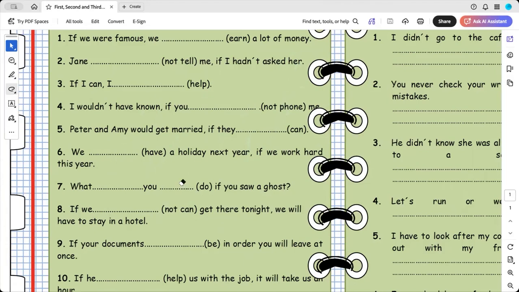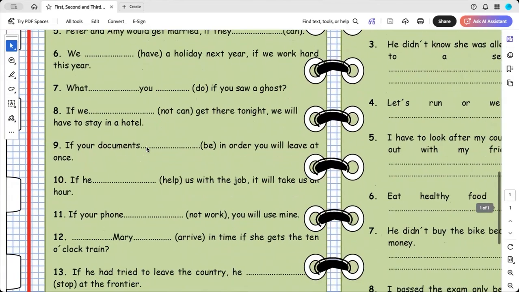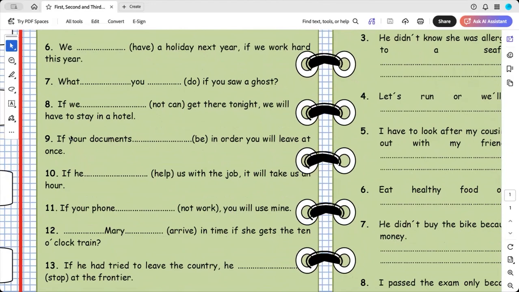Easy. Right, let's have a look. Number 9: if your document's something, in order you will leave at once. If, so this is a be verb. What are they? Is, am, are. That's present. And past, was, were. Be verbs.